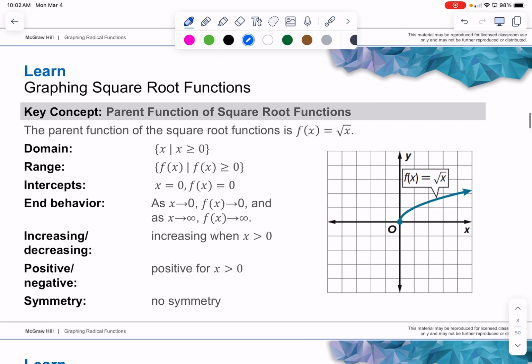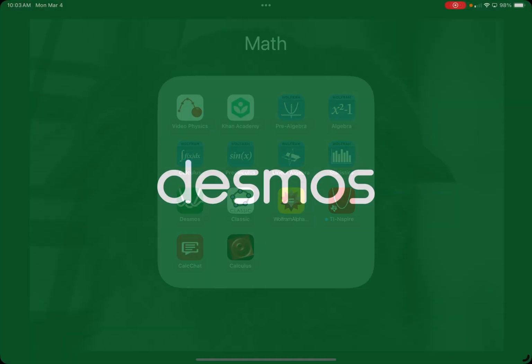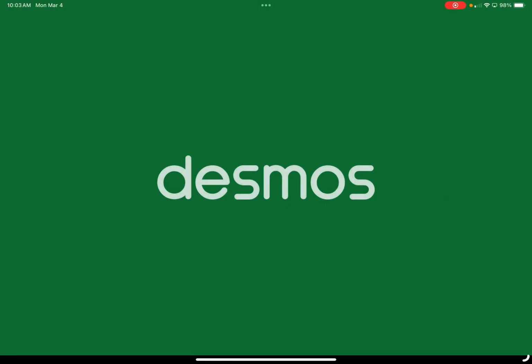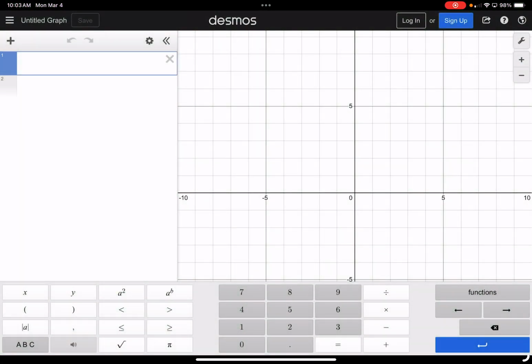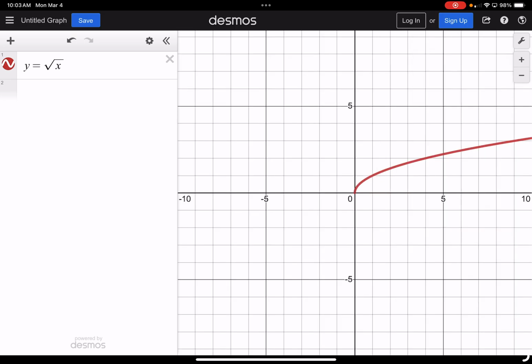So let's now look at the square root function, okay? I'm going to put this on Desmos as we talk through all these concepts so I can animate things. Okay, so the first thing talks about the domain of this square root function.